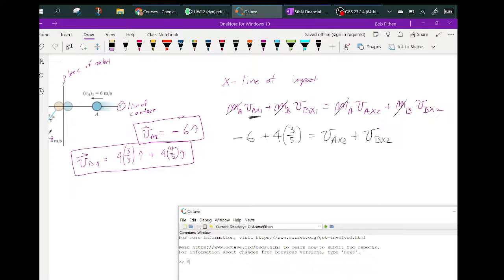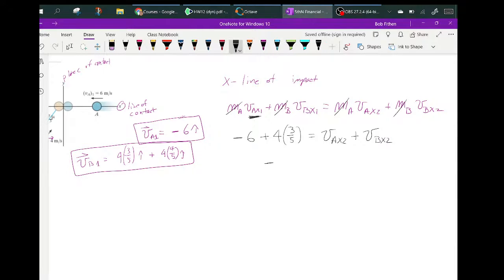Try it again. 4 times 3 divided by 5 minus 6 minus 3.6 minus 0.6 is equal to VAX2 plus VBX2. There's one of my equations. That's one I'm going to have.